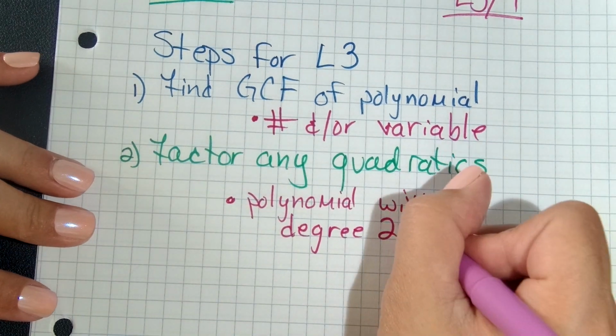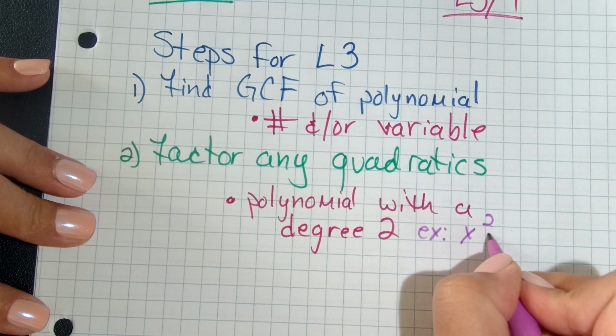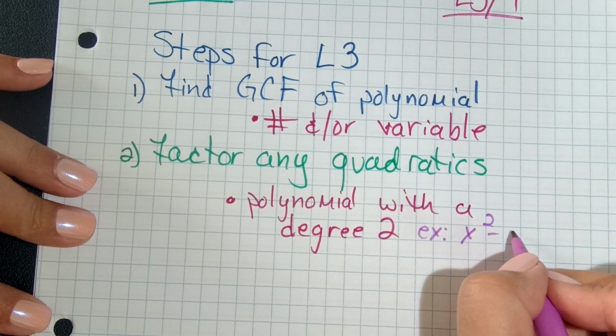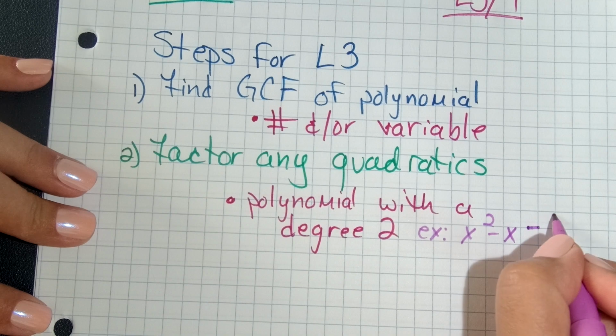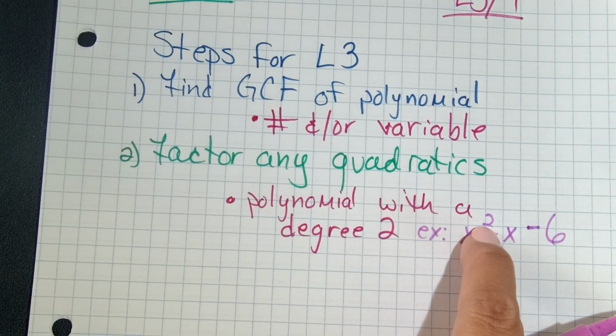Can I have an example? Sure. Here is an example. X squared minus x minus 6. This is a quadratic because the highest degree is a 2.